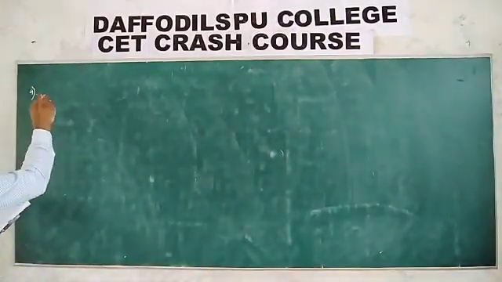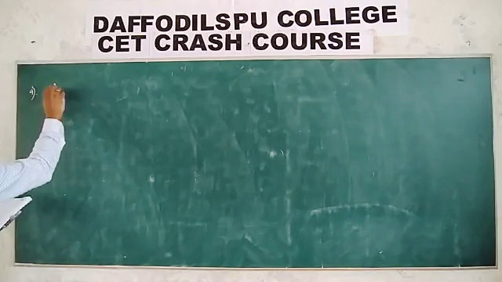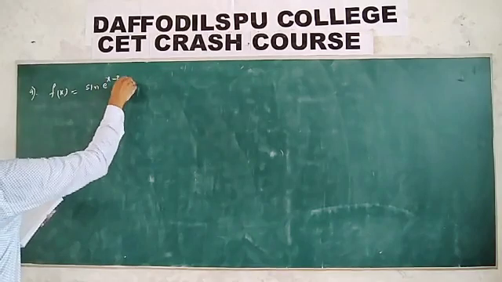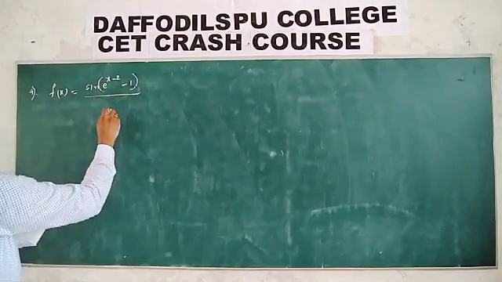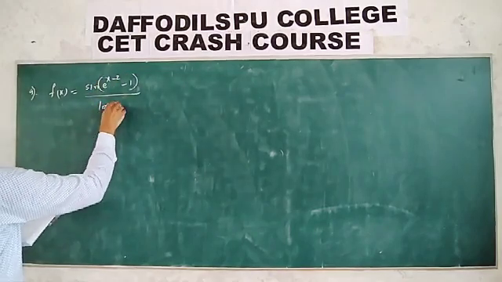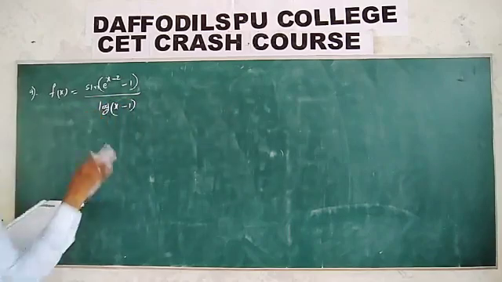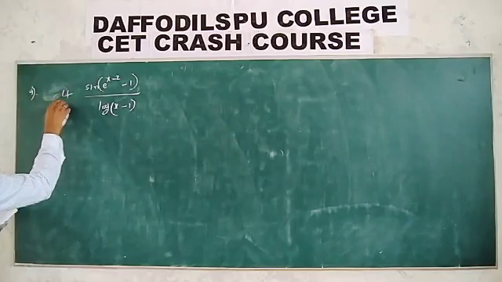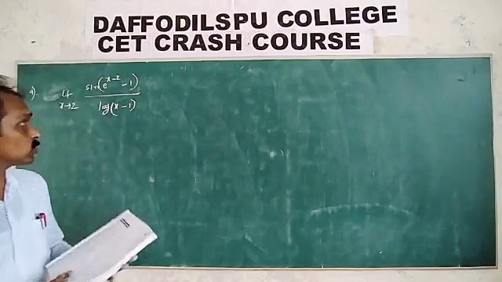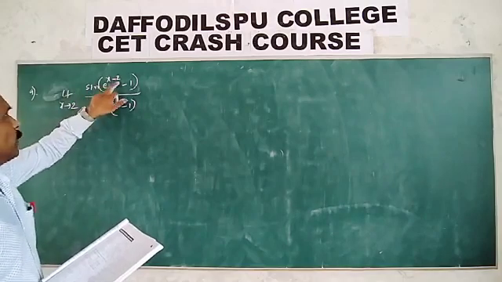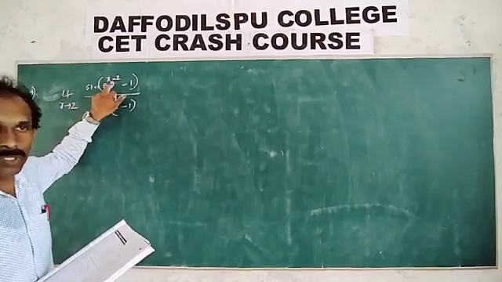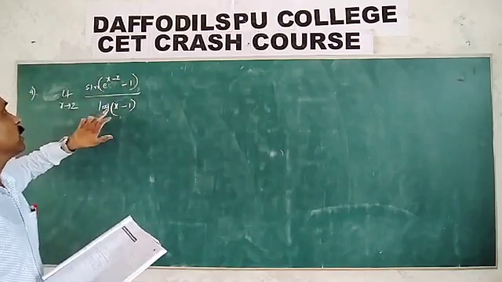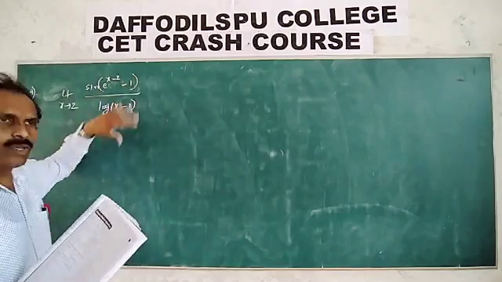Ninth question. f of x is equal to sin of (e power x minus 2 minus 1) divided by log x minus 1, limit x tends to 2. What happens? Direct substitution: 2 minus 2 is 0, e power 0 is 1, minus 1 is 0, sin 0 is 0, divided by log 2 minus 1. So you can convert this.